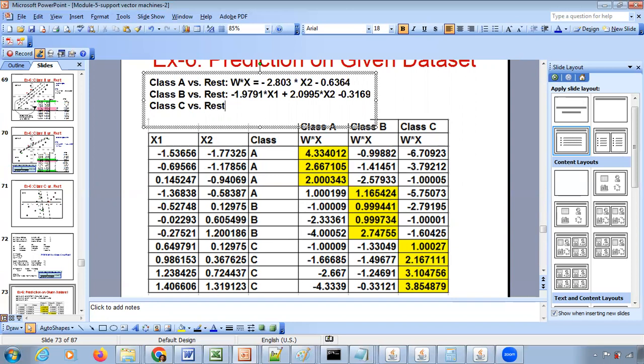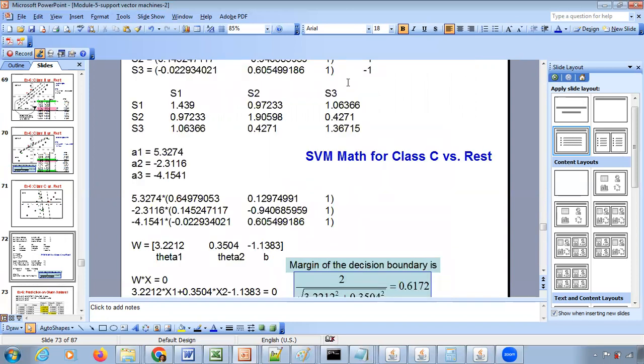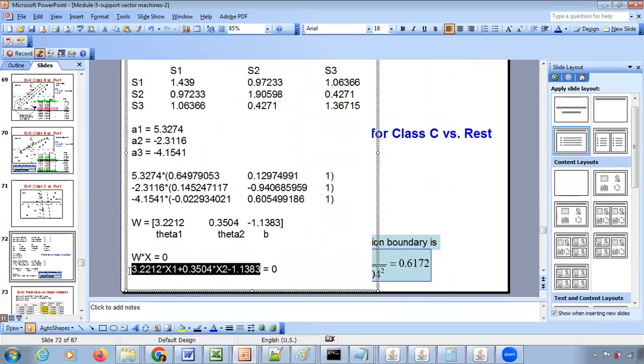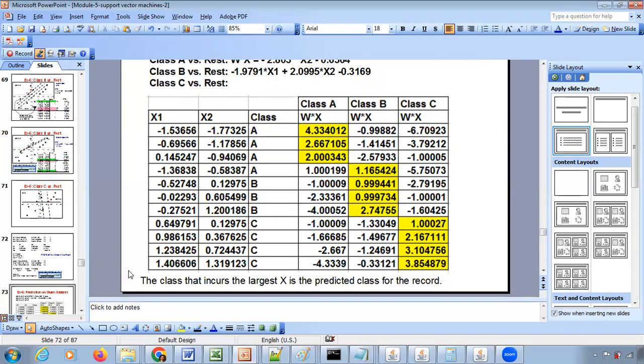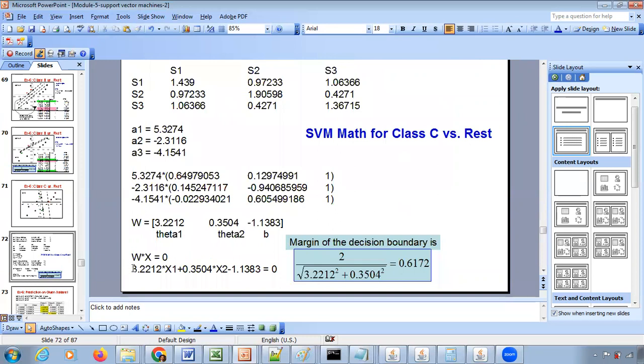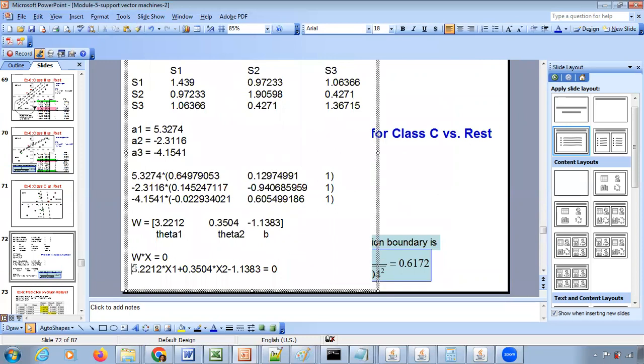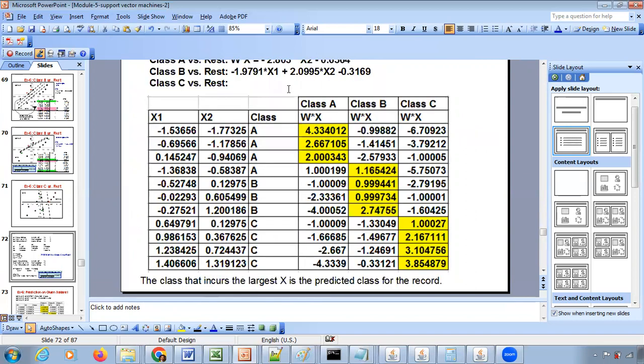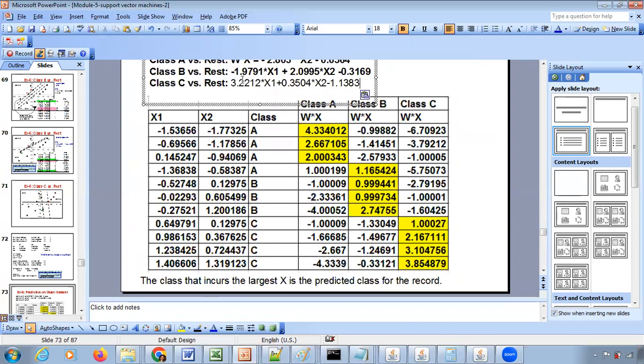That's the equation here. So this is the equation.